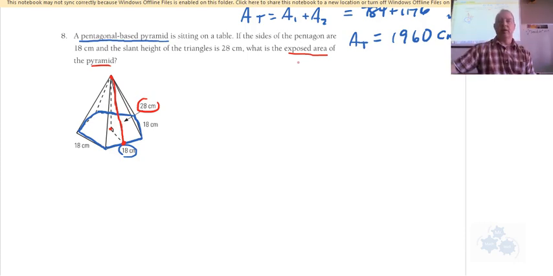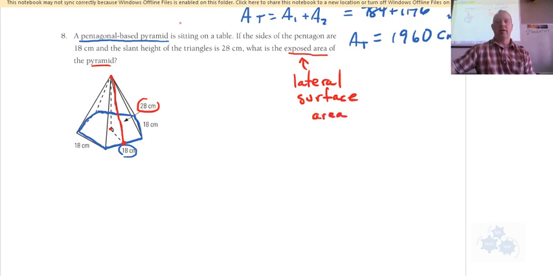Now, this is also called, and you'll see this in the next question, the lateral surface area. Lateral means side. Lateral movement is side-to-side movement. The lateral sides would be the ones that are not the base, but the ones that form the sides. Lateral surface area.